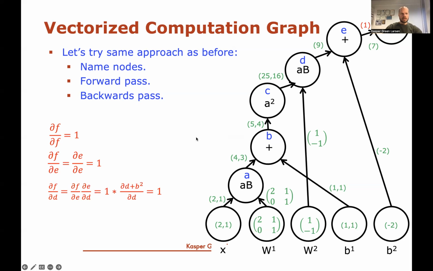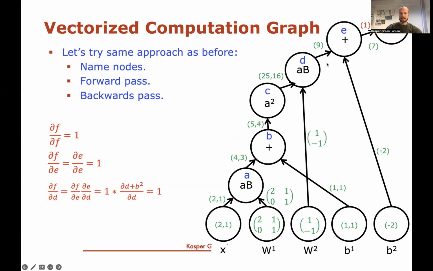Now we want to compute the partial derivative of f with respect to d using the chain rule. We look at the node just above it here. That's the e node. So it's the partial derivative of f with respect to e times the partial derivative of e with respect to d. We already computed the partial derivative of f with respect to e. That was just 1. This is what's written on the edge up here. And now what is the e function?